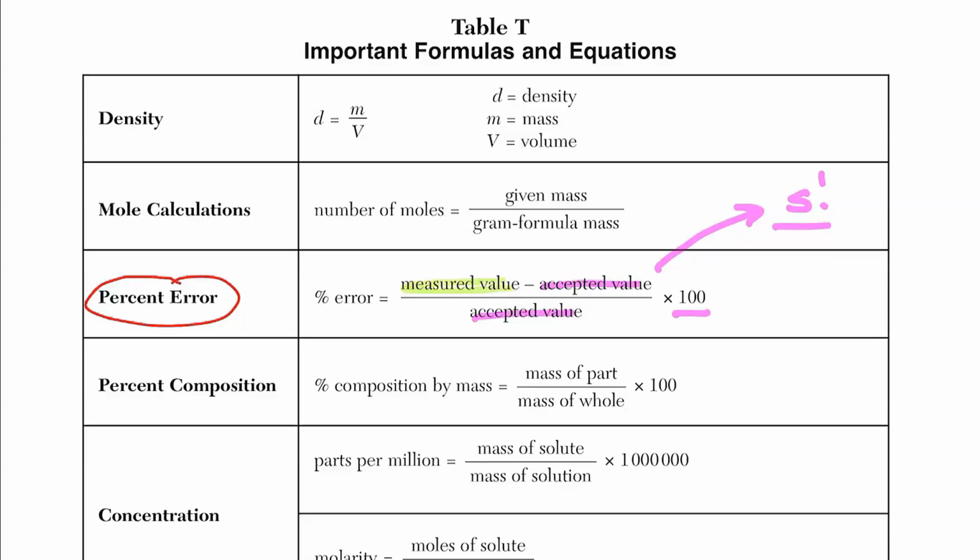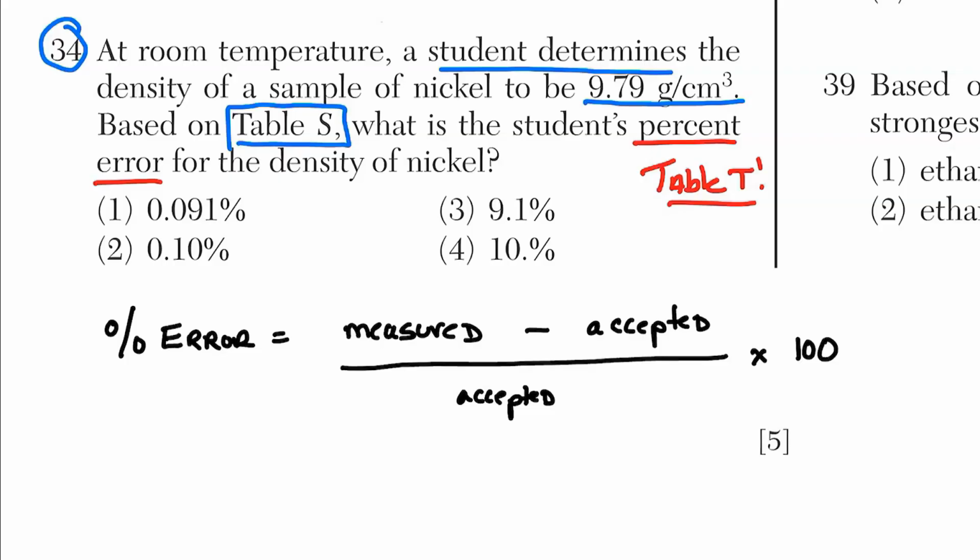Okay, so we've got our formula written down from Table T, and we just have to recognize that we're dealing with this measured value right here. This is our measured value. So let's put that in for measured. Let's get rid of the measured and add our 9.79.